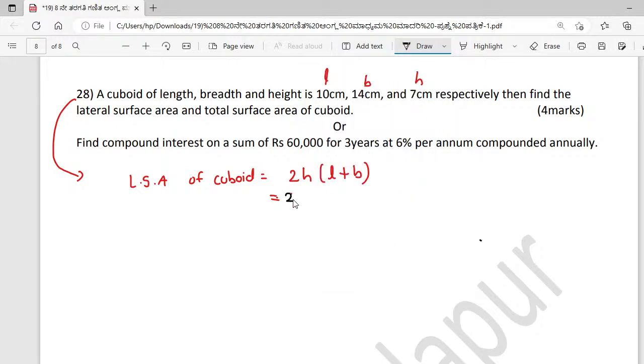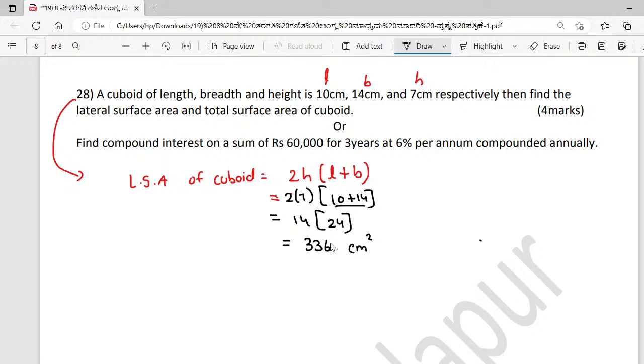So 2h, where height is 7, length is 10 and breadth is 14. 2 sevens are 14, and 10 plus 14 gives 24, and 14 into 24 gives 336 centimeters square.